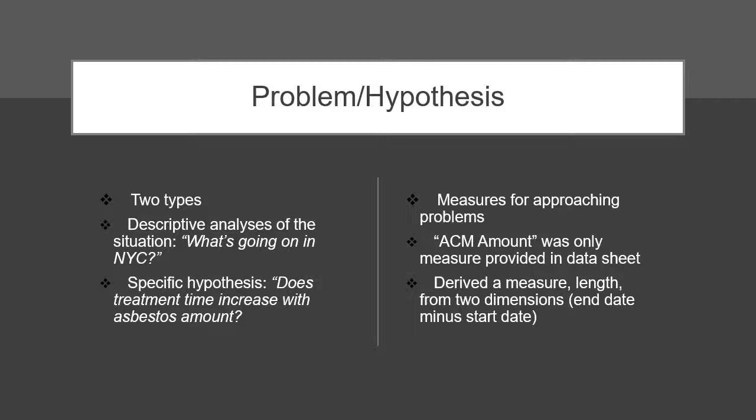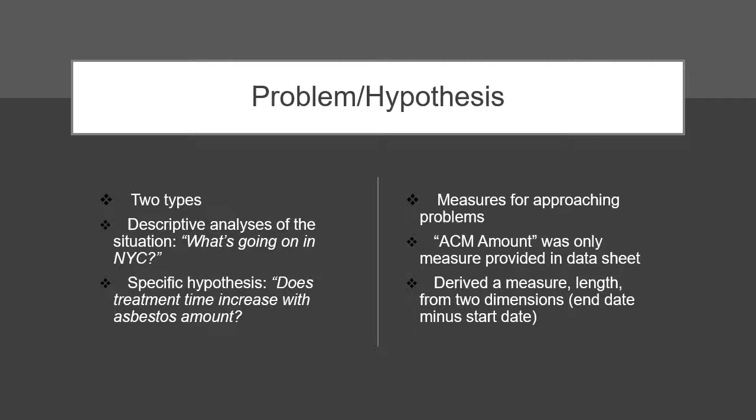Thank you, Alex. We had 2 types of problems here. We had a problem that we wanted to answer about what was going on in New York City regarding asbestos, so we used descriptive statistics and descriptive analysis of the situation to get a better grasp on that. And we asked a specific question: does treatment time increase with asbestos amount?